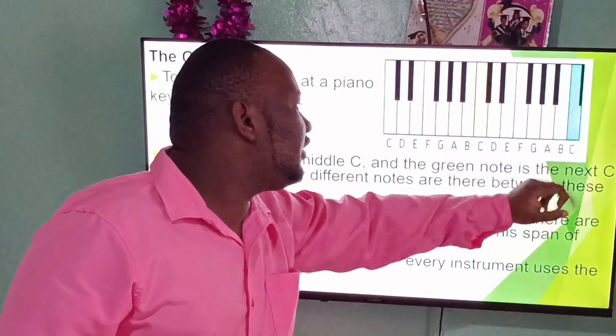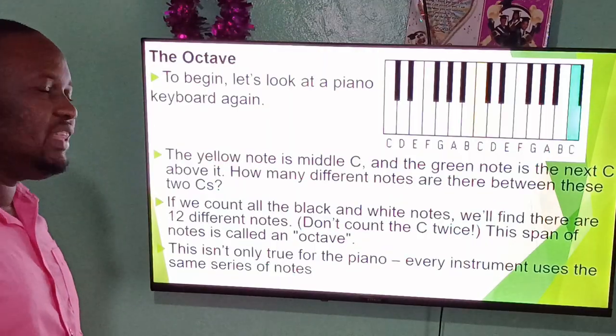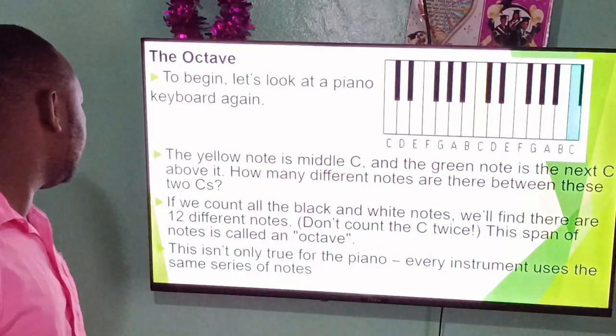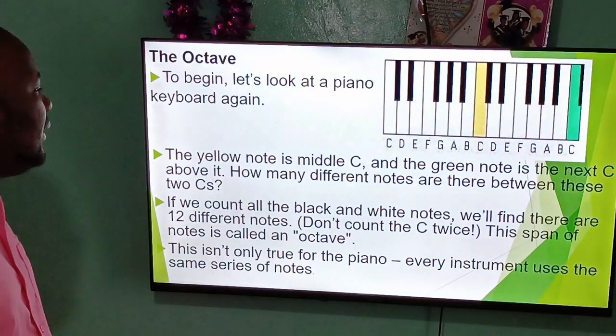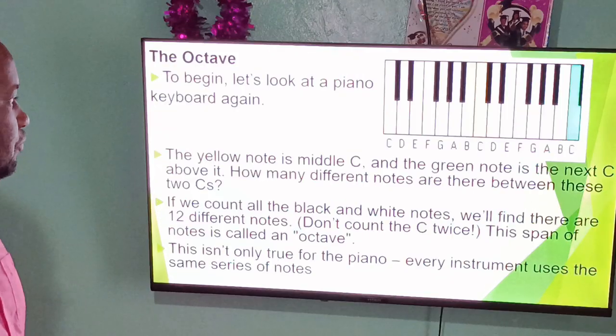And here we have another one that is colored green. The yellow note is the middle C that we discussed on the staff, and the green note is the next C above it. How many different notes are there between these two C's?